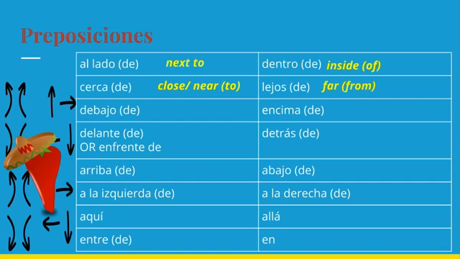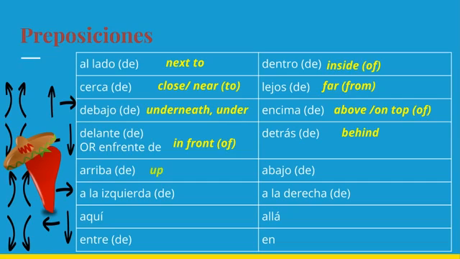And that's going to be the case for pretty much all of these. So debajo de is underneath or under, versus encima de, which is above or on top of. Delante de, some people use enfrente de, is in front of, versus detrás de, which is behind.